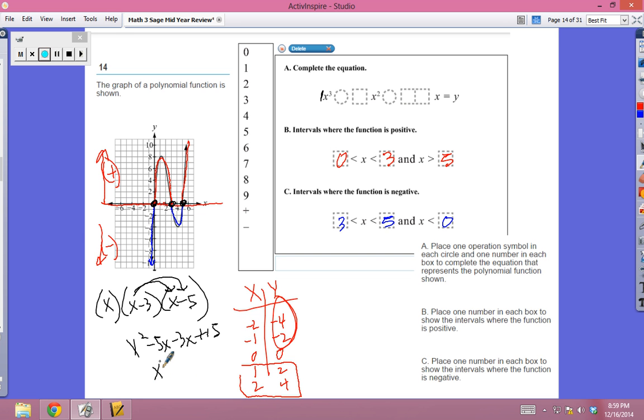So that's x squared minus 8x plus 15. And now if I multiply x to all of that, it's going to create x cubed minus 8x squared plus 15x.